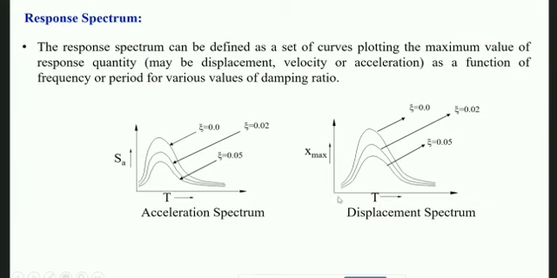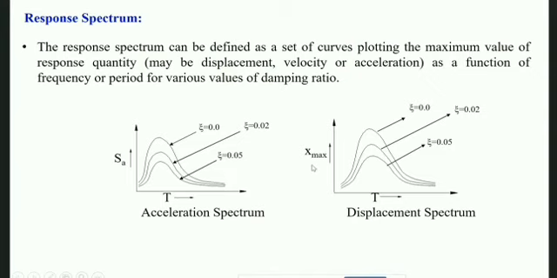Or we can plot it for velocity. We can plot the maximum value of the velocity, and we can also plot the maximum value of the displacement. Accordingly, we will call it acceleration spectrum or displacement spectrum. So this is X max, and this X max could also be written as SD, that means spectral displacement.